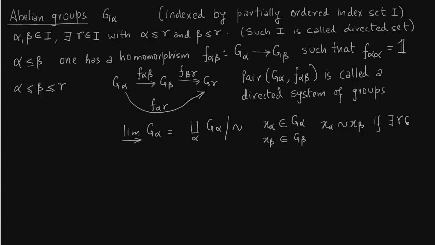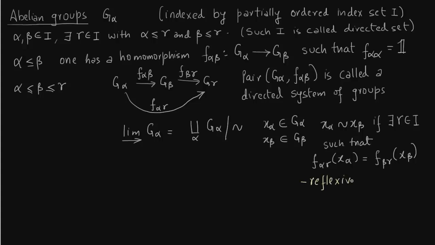So these are equivalent if there exists some gamma, an element of the directed set I, such that f_alpha,gamma acting on x_alpha is equal to f_beta,gamma acting on x_beta. Now you can clearly see this relationship is an equivalence relation because it satisfies all three properties.